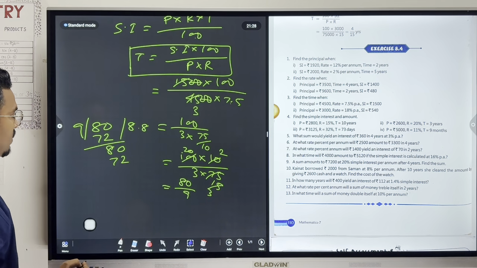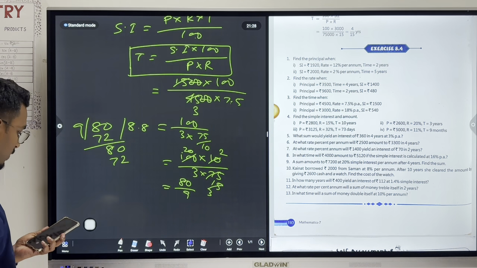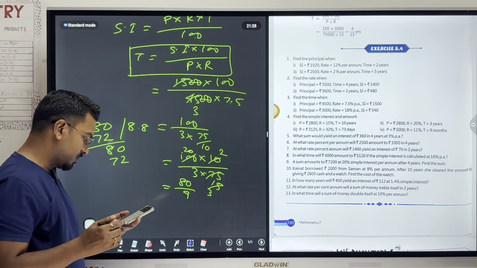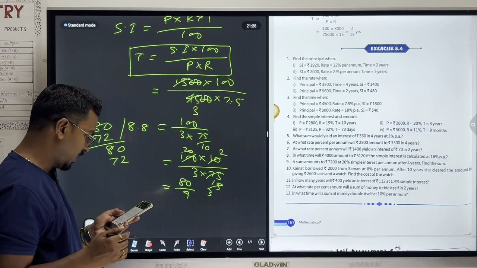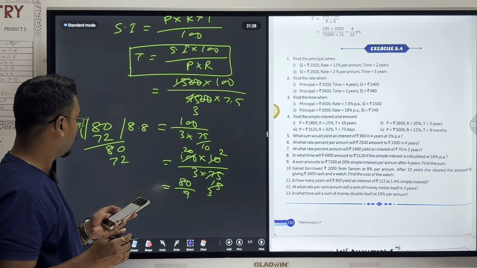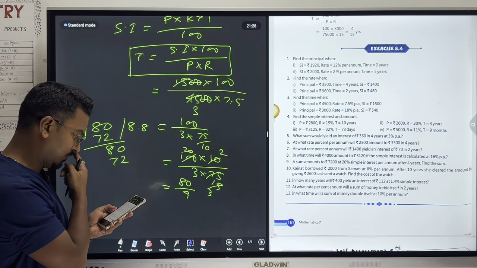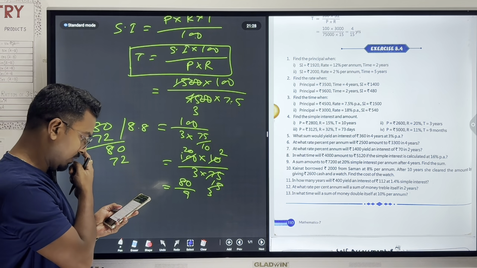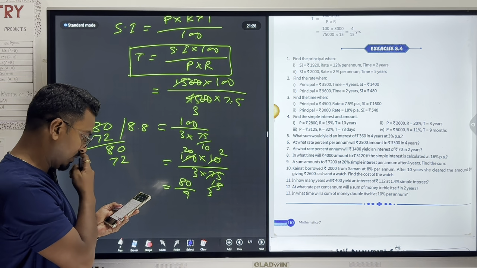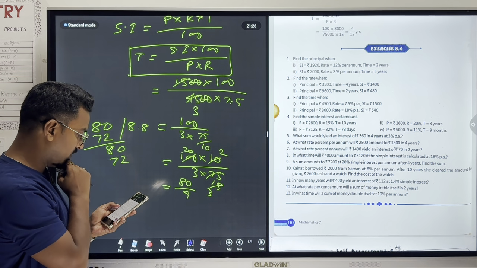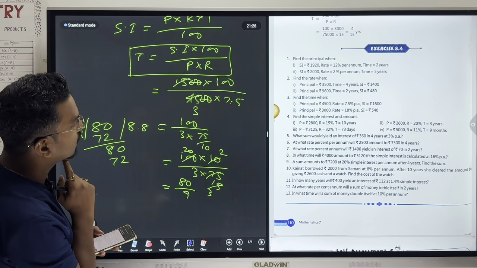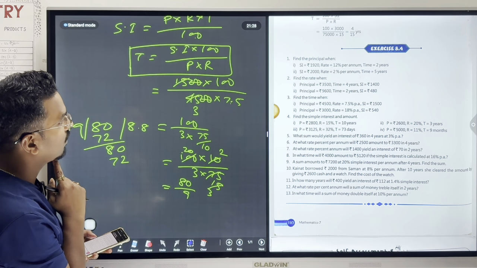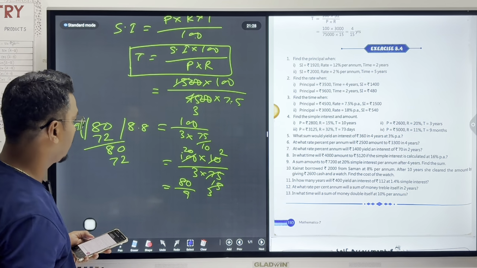Let me see whether it is given in mixed fraction or decimal. Question number 3, 4.4 years. It is given in decimal. Question is correct, right?